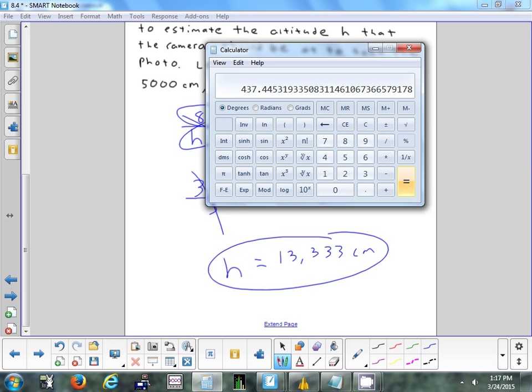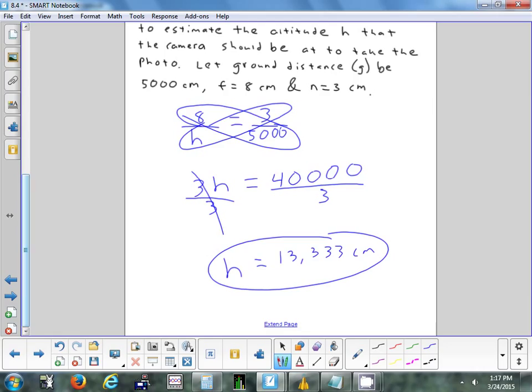Yep. No, convert it to metric. Then you've got to convert it to metric. Yeah, I didn't want metric because I have an easier time visualizing it in feet. But if you can visualize something in metric, that's fine. That's probably how the book is going to leave the answer. What they might do is change it to meters.